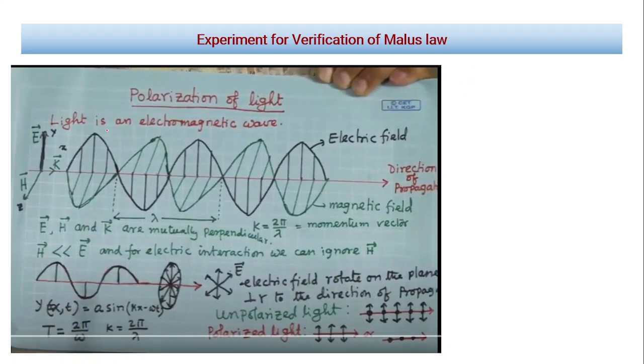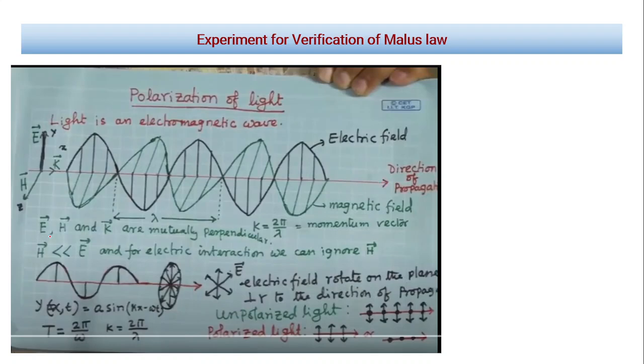But when we talk about light as an electromagnetic wave, we know that light is moving in a particular direction, say x, and it has an electric field and a magnetic field associated with it, which are perpendicular to each other and perpendicular to the direction of the wave as well.